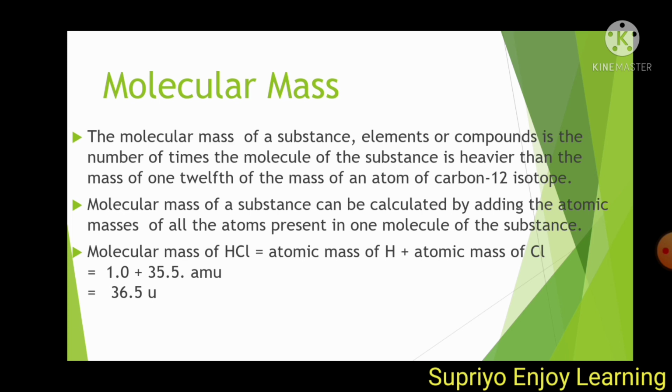So the atomic mass of hydrogen and the atomic mass of chlorine are added. The atomic mass of hydrogen is 1 and the atomic mass of chlorine is taken as 35.5 AMU. So the total mass of that molecule will be 36.5 u or AMU.